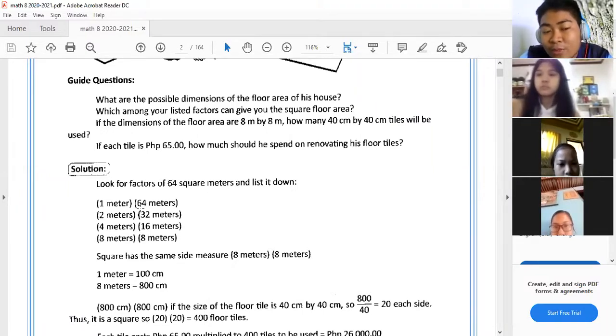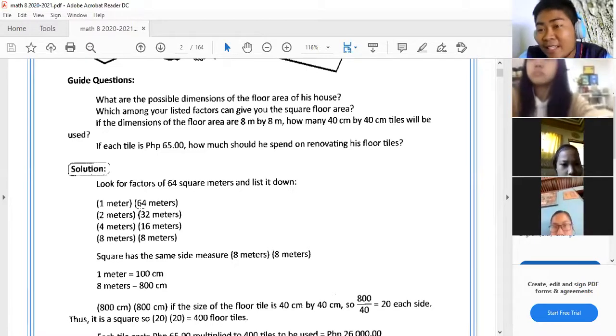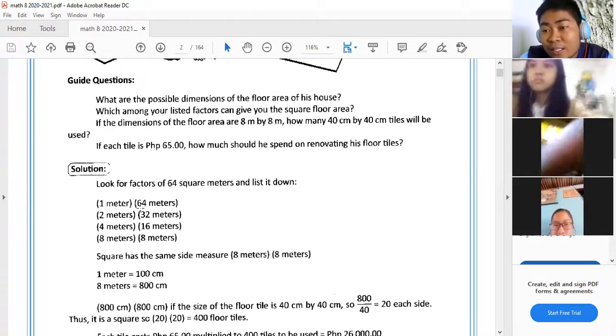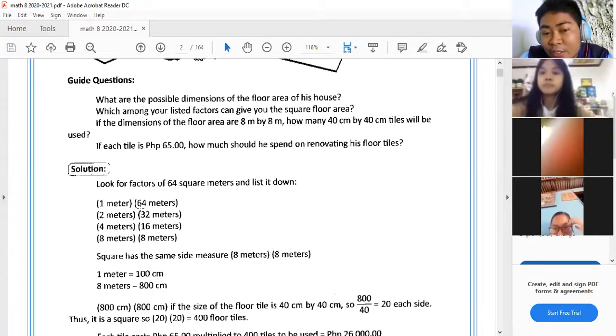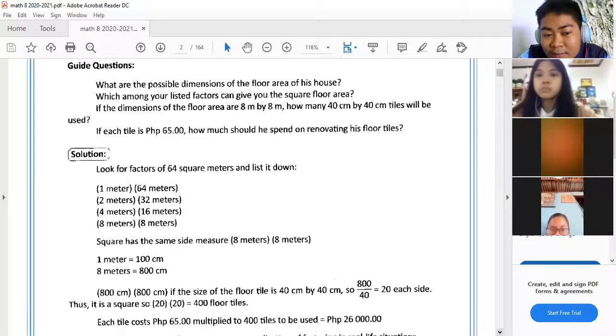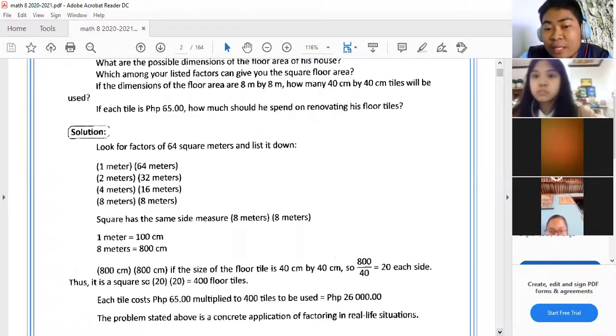Also 4 times 16 will give you 64, and 8 times 8 is also equal to 64. A square has the same side measure, so we can use 8 meters by 8 meters, because our square is a same-sided figure.